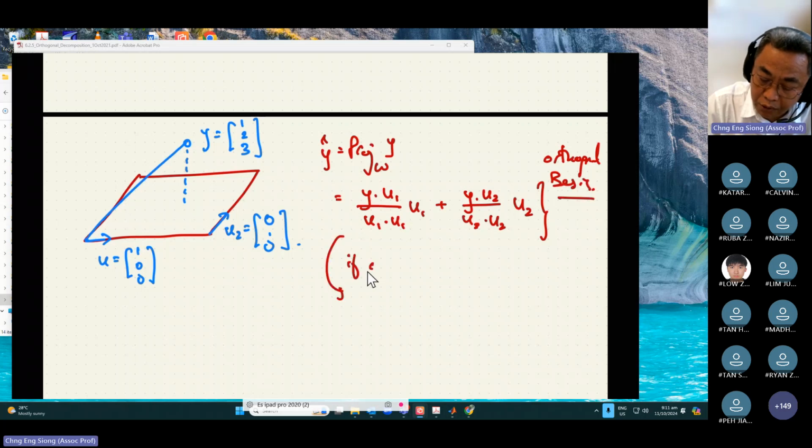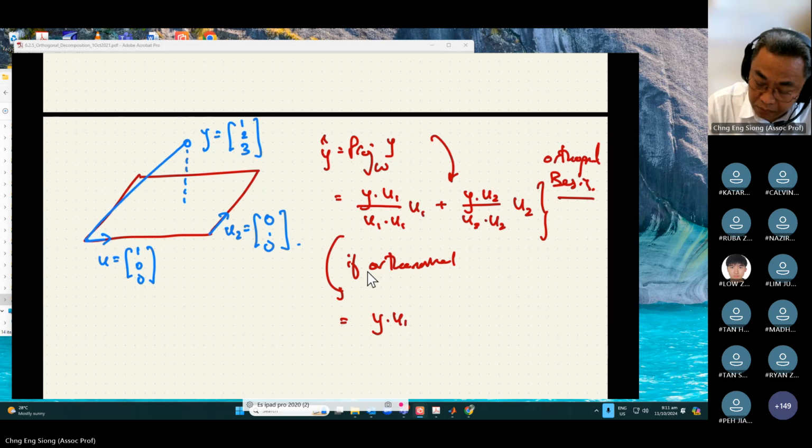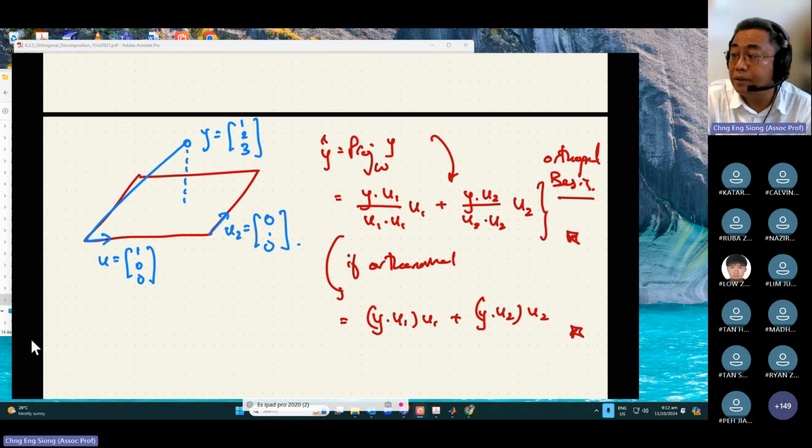If orthonormal, it simplifies to y dot u1 plus y dot u2. Which one are we going to use in this example, A or B? A is on top, B is below. B, because the basis is not only orthogonal, they are orthonormal, because u1 dot u1 is 1 and u2 dot u2 is 1.